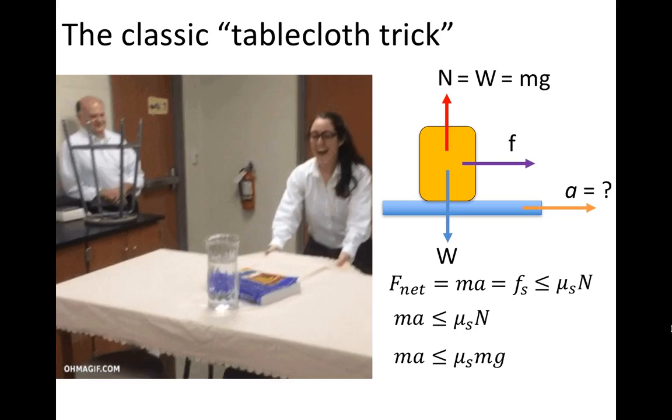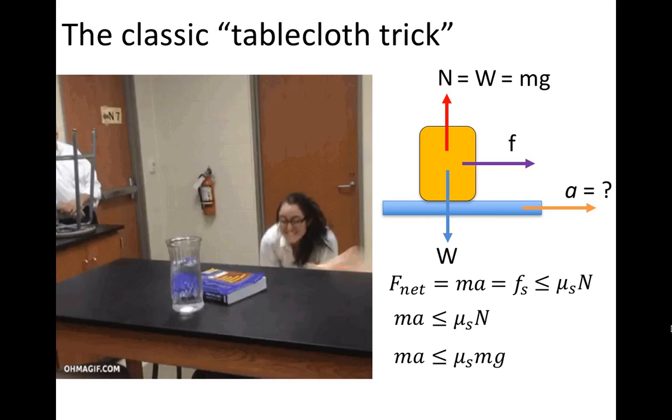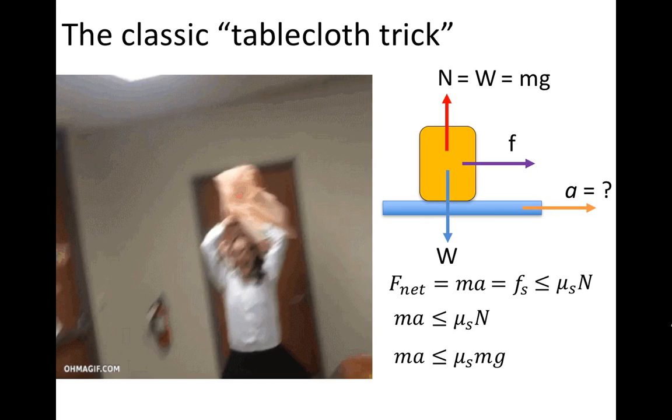So if we insert m times g in for normal force, notice that we have an m on both sides of the equation. Just like we saw in the last example, we can cancel the m's. And if she is to violate this inequality, we need the left-hand side of this inequality to be bigger than the right-hand side.